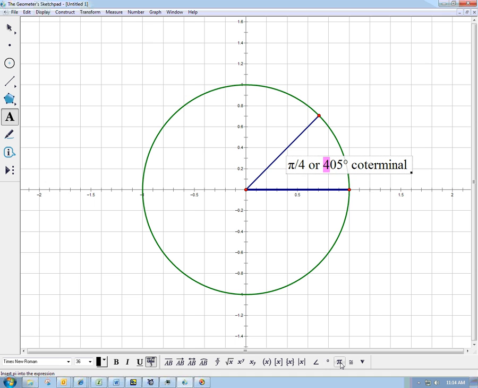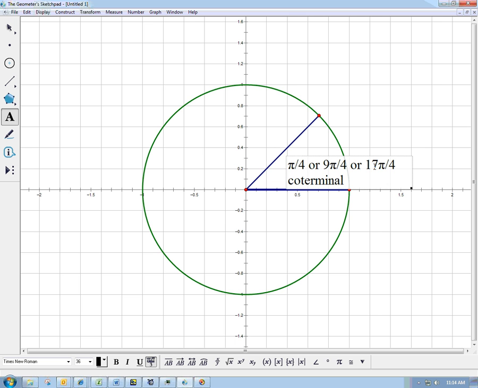Or if I add 2 pi, which is 1 full revolution, I get 9 pi over 4, because 8 pi over 4 is one way to say 2 pi. So those are going to be coterminal. And there's many more. I could revolve twice around. I could add another 8 pi over 4, so I could say 17 pi over 4. There's going to be an infinite number of angles, of amounts of rotation, that are coterminal.